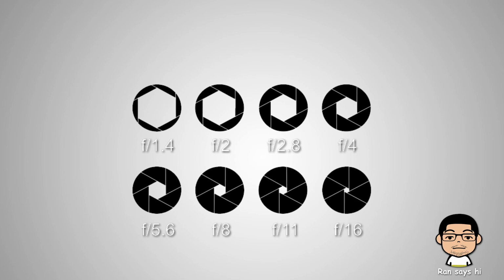And every time the number multiplies by 1.4, the light reduces by 50%. So the light that travels through f/2 is 50% less compared with the light that travels through f/1.4. So that gives photographers a better estimation of how much light reaches the sensor.